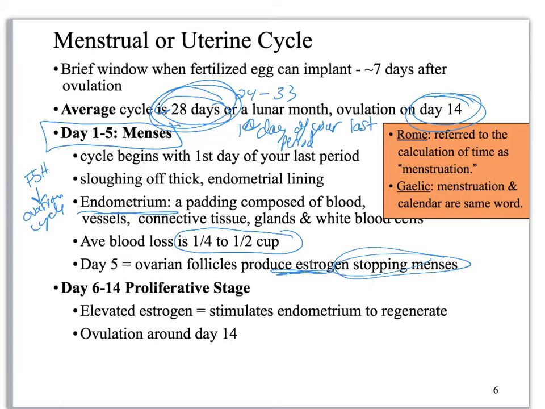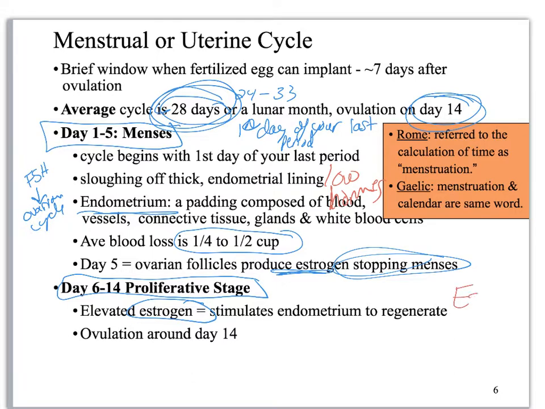Once menstruation stops, you go into the next phase of the uterine cycle, which is the proliferative stage, days 6 through 14. This is being driven by estrogen. Menses is being driven by low hormones.